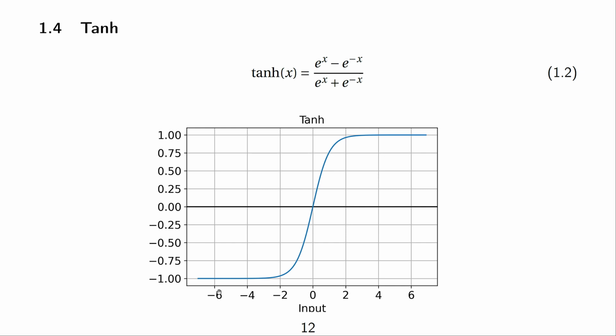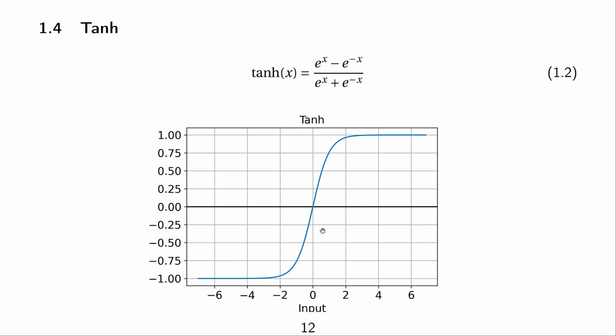You can see that the output is in the interval of -1 to 1, and the saturation is like the saturation of the sigmoid function. So we also have the problem of gradients being close to zero for very large or very small values.